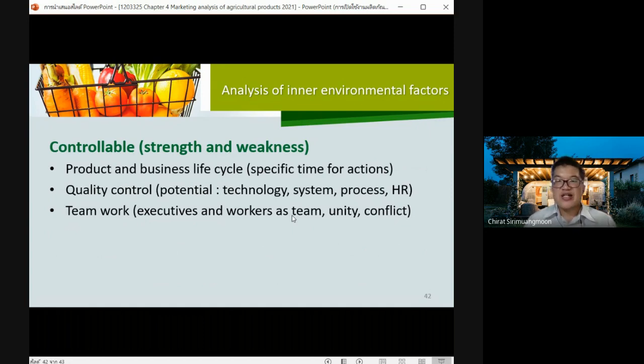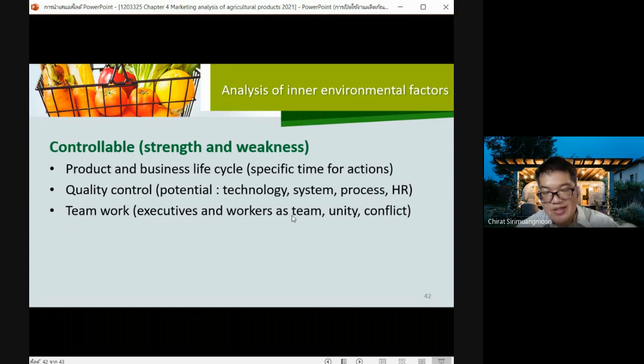Last one, you need to think about the working style of your business. So think about your company. Do you work as a team, or do you have very good relationship with the executive and the workers or not?